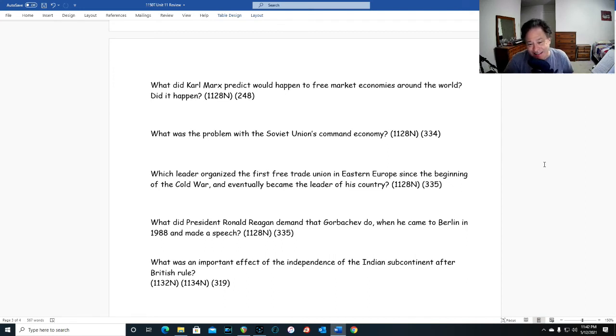So back in the 1800s, Karl Marx predicted that because free market economies were so increasingly exploitative toward the working class, because they supposedly steal from the working class, that the workers would eventually overthrow these capitalist factory owners, this class of bourgeoisie is what he called them, in a violent revolution.